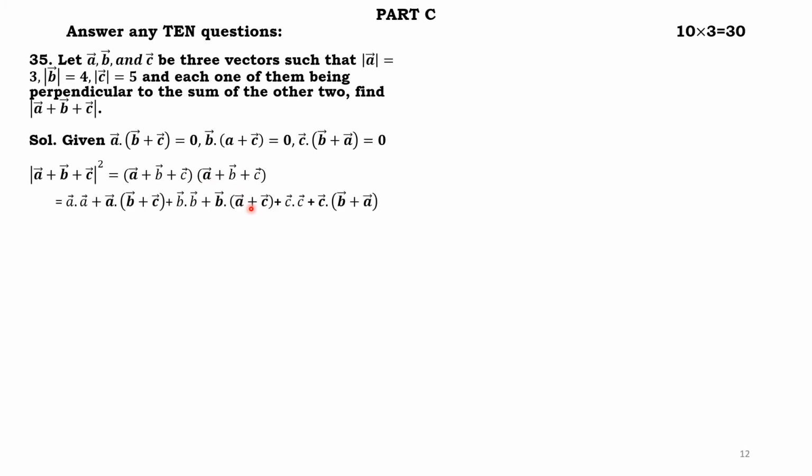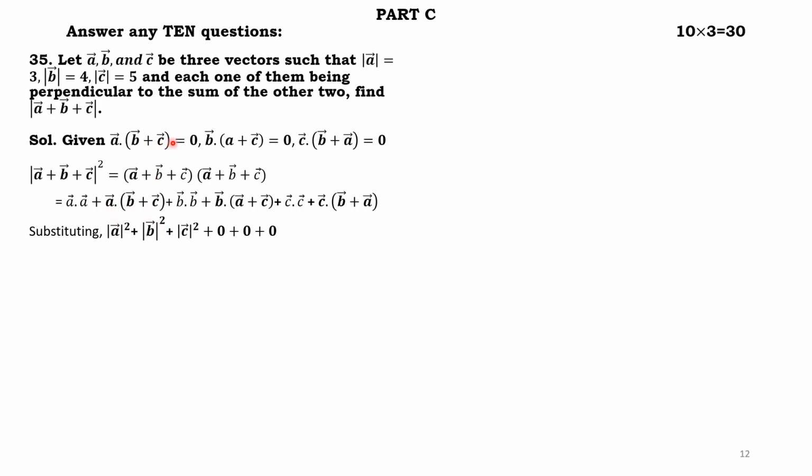Let us do it. Therefore, A dot A plus A dot (B plus C), plus B dot B plus B dot (A plus C), plus C dot C plus C dot (B plus A). Substituting, we get mod A square plus mod B square plus mod C square, plus A dot (B plus C) and so on.